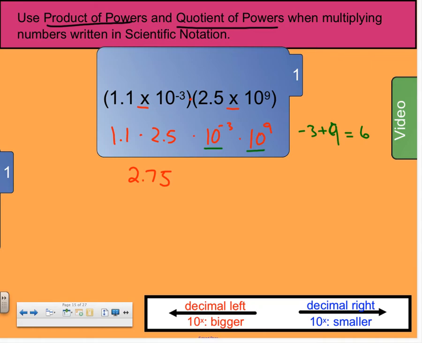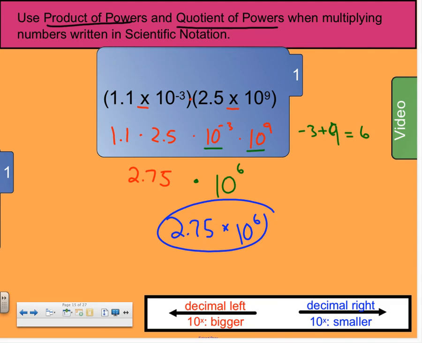So I know that my 10 would have a power of 6. My answer to this one would be 2.75 times 10 to the 6th power. That is a pretty basic example of how to multiply two numbers in scientific notation.